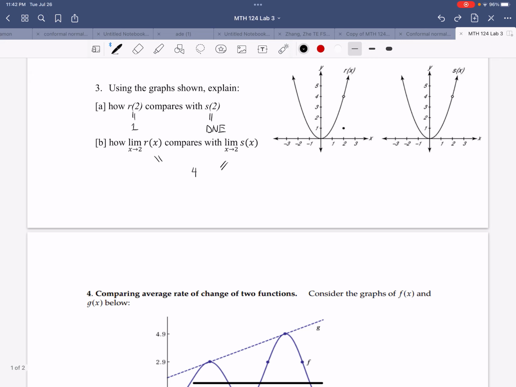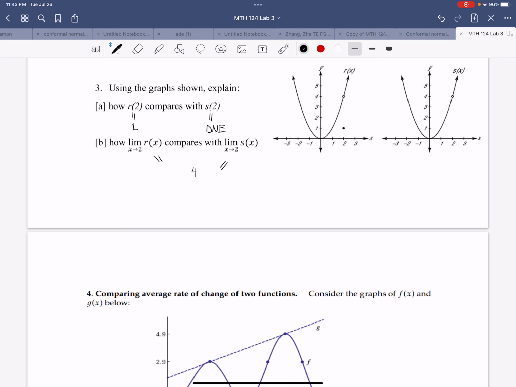But for S(x), there's only this circle here at x equals 2, so that means 2 is not in the domain. So R(2) you take the value of the solid dot, which is 1. For S(2), the value does not exist, right? It's not defined.